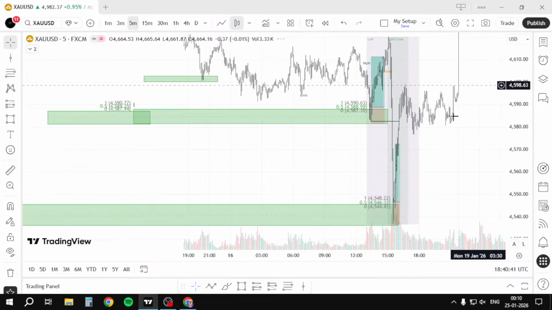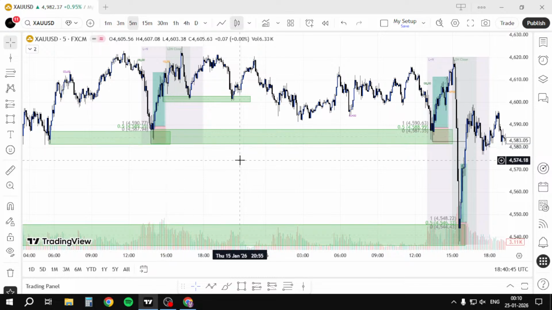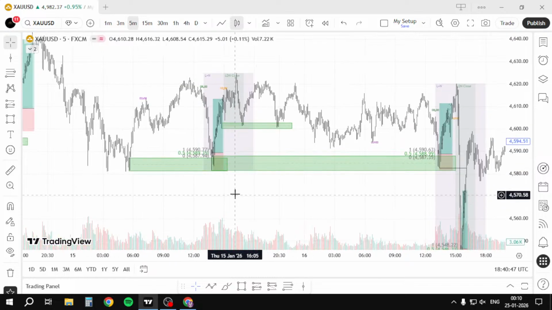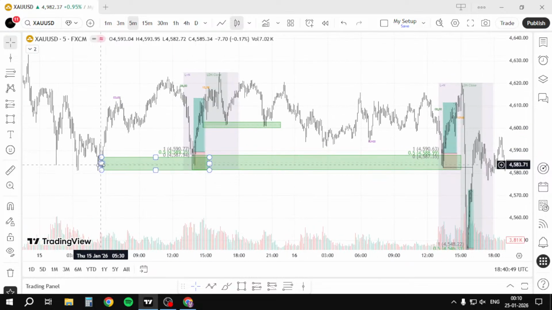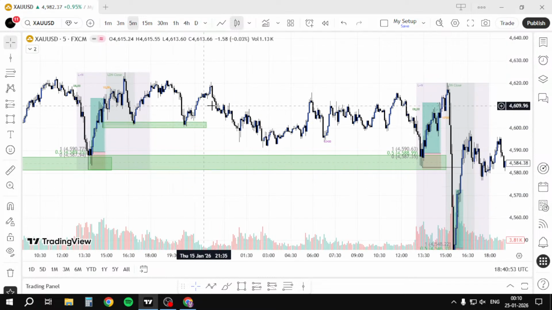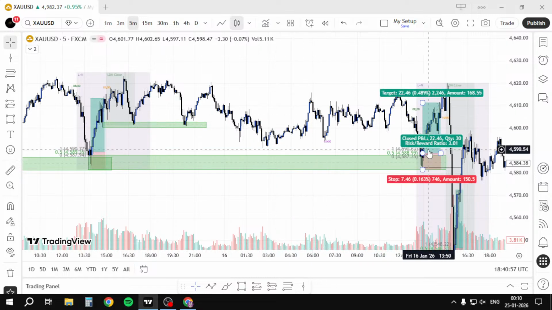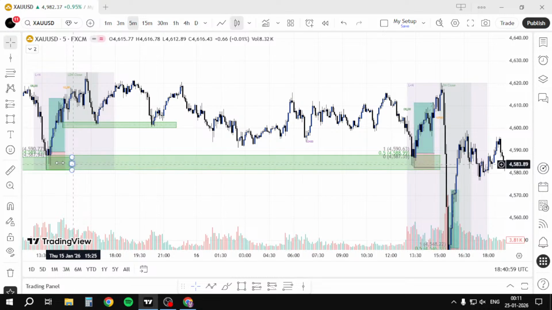Now see here, the same thing happens. Here I use the weak logic of wicks. Here is an order block which tapped here, and in this session market totally went sideways, and this one came downside and tapped this weak.